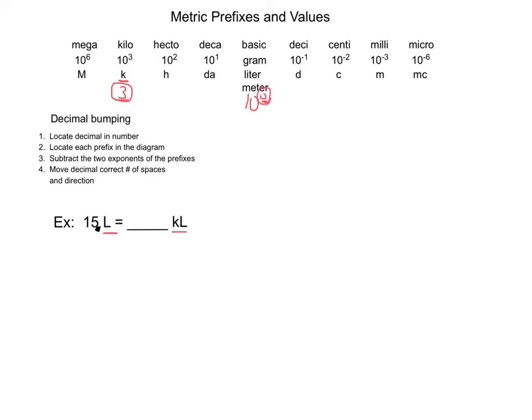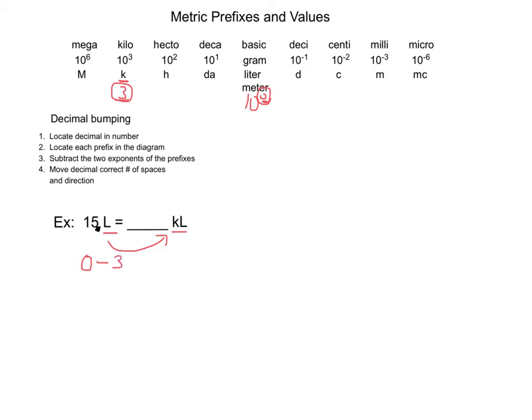So step 3 says to subtract the 2 exponents, and we want to make sure that we do those in order. I am moving from liters to kiloliters, so I want to start with the exponent for liters, which is a 0, and I'm going to subtract from that the exponent for kiloliters, which is the 3.